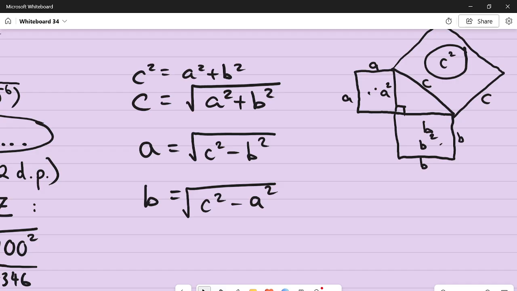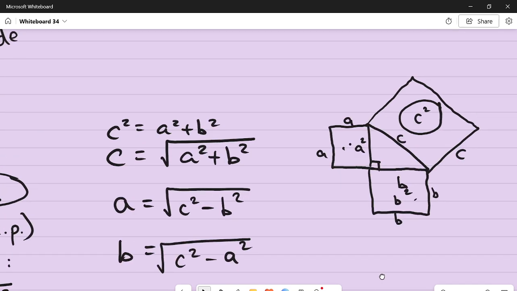Then, using maths, you can square root both sides to find the length of C. That's what Pythagoras came up with: how to find the length of one side if you know the two other sides. But the actual thing he came up with, before Jesus was born, was the area.